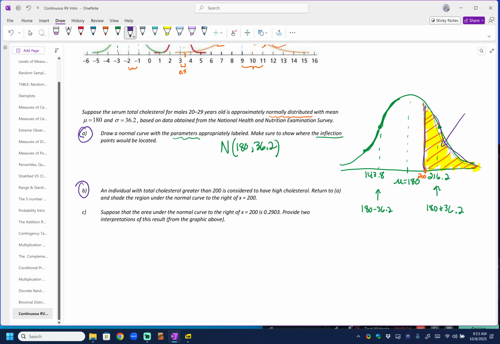That is going to be the same thing in a normal distribution. That is where we're headed with this. For example, if I wanted to find the probability of a male 20 to 29 having a total cholesterol greater than 200, then that means finding the area in this region.